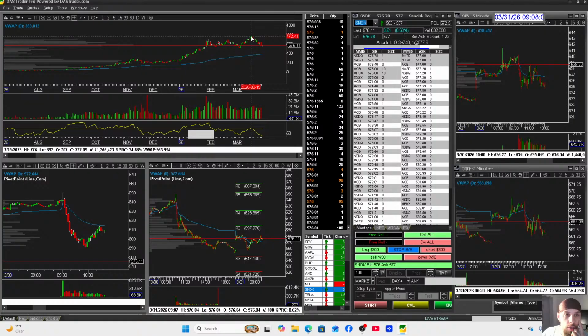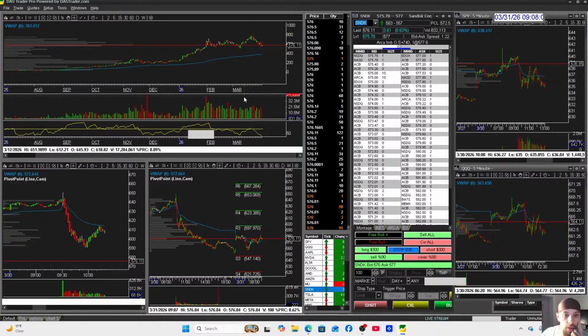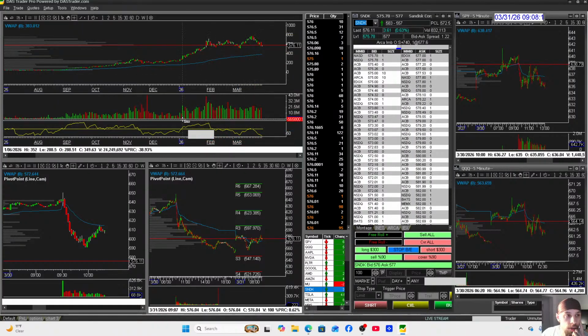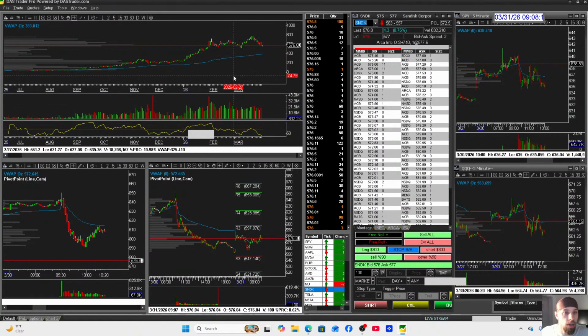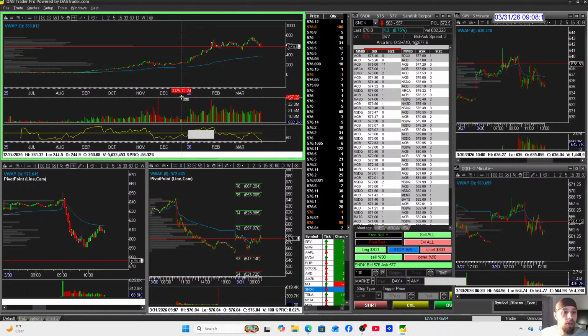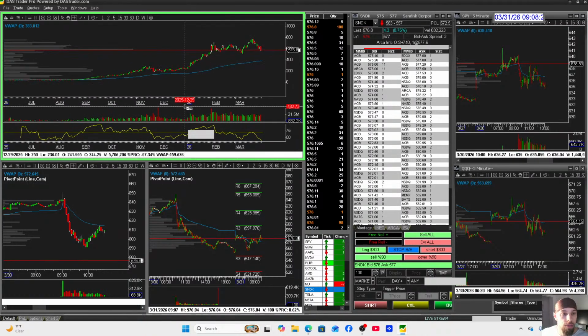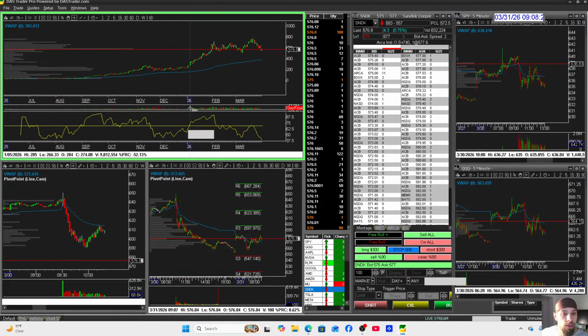It's testing. Well, it's not even testing high. It made a new all-time high above this level, but the conditions aren't nearly as overbought as over here. But yeah, relative strength index, really good indicator to have.